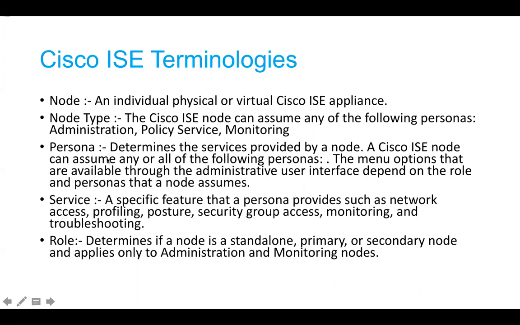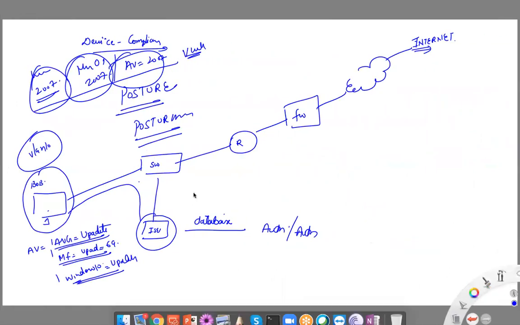The menu options available through the administrative user interface depend on the role and the personas. Services: a specific feature that a persona provides, such as network access, profiling, posturing, security group access, monitoring, and troubleshooting. Role determines if a node is standalone, primary or secondary, and it applies only to the administration and monitoring nodes. Let me explain it now in my way.